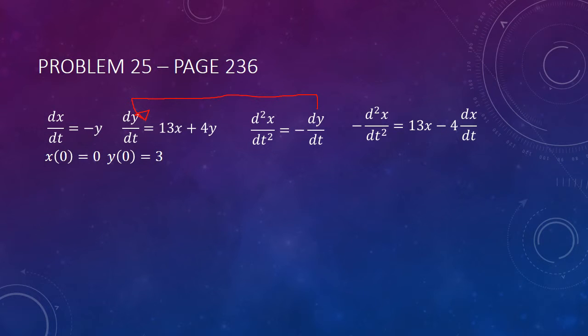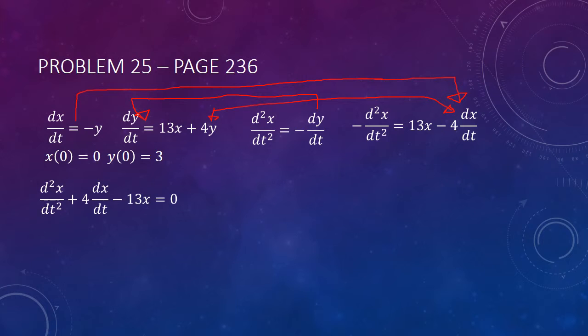So if I plug that back in there, and then I also know that negative y is equal to the first derivative of x, I can plug that in for the y term right here, which is the same term here. And I get this second order differential equation. Let's group it back together a little cleaner, and now you've got this.